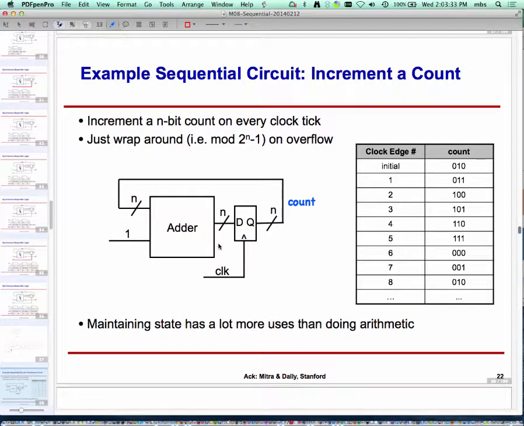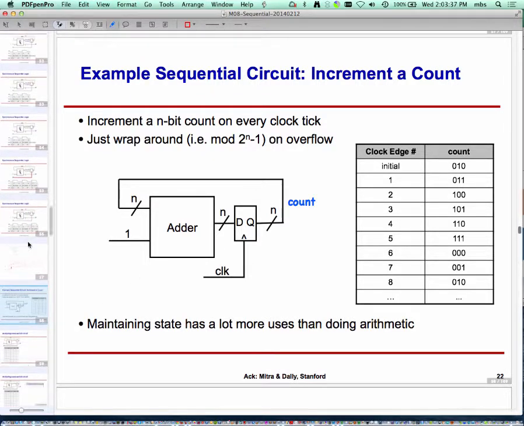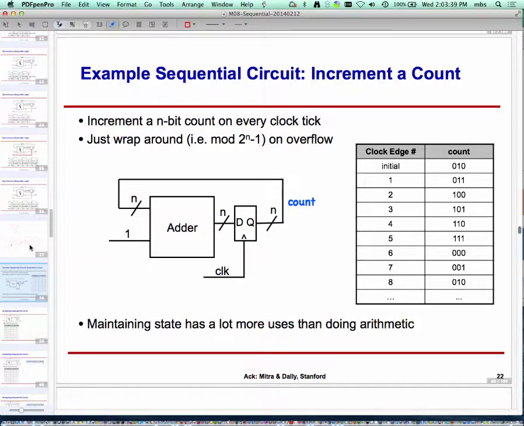So if I look at this wire at any given point in time, it's going to be count plus 1, or specifically count plus 1 modulo 2 to the power n, because we have an n-bit adder.